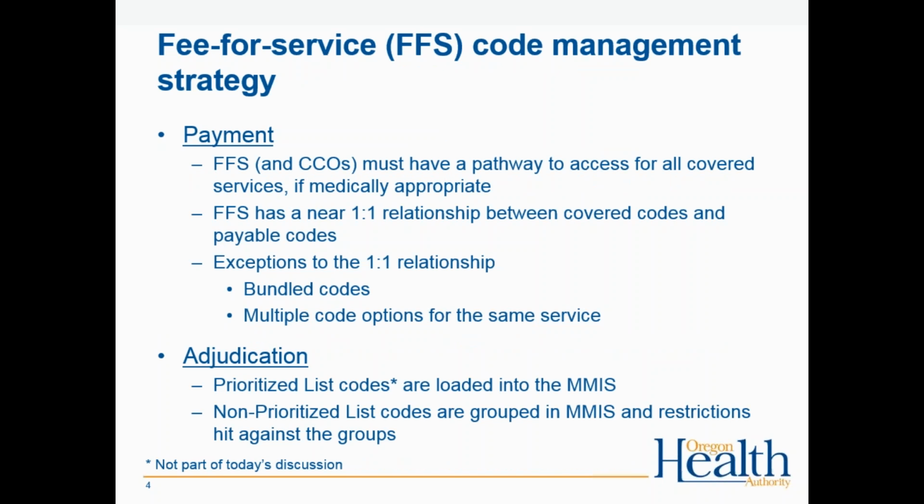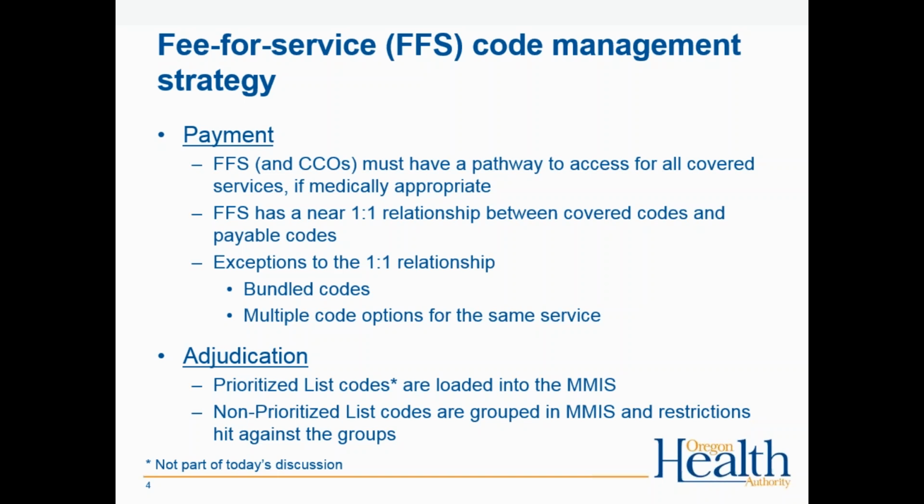All right, so it's the fee-for-service code management strategy. We'll talk about payment and adjudication. So fee-for-service and CCOs need to have a pathway to access for all covered services as long as they are medically appropriate. Fee-for-service has a near one-to-one relationship between covered codes and payable codes.